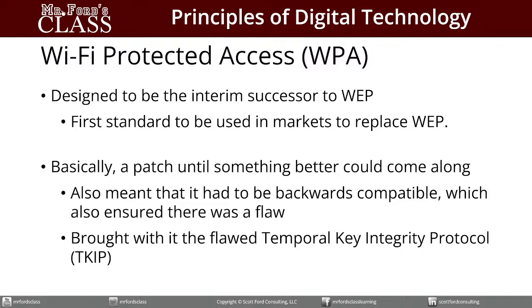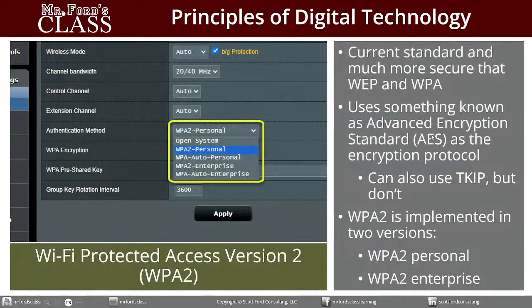And that was TKIP. TKIP is not an option for security. TKIP is what allowed WEP to be cracked. And so because WPA brought over TKIP, it also meant that WPA would eventually be cracked as well.